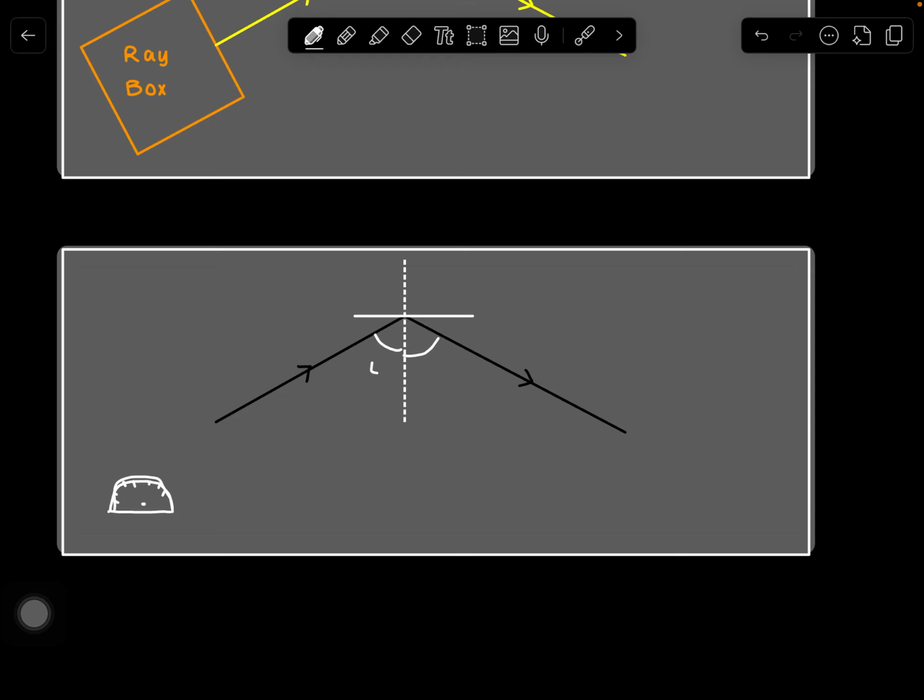This is your angle of incidence and this is your angle of reflection. And you will observe कि आपका angle of incidence equal है angle of reflection के.